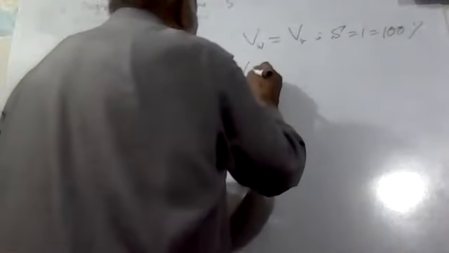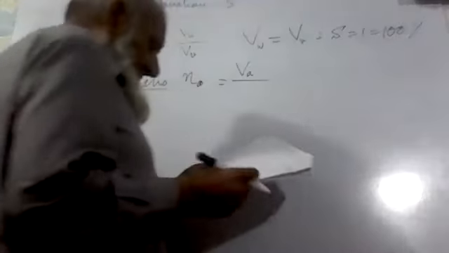It is the ratio between the volume of air to the total volume of soil. Volume of air to the total volume of soil. This is denoted by na.